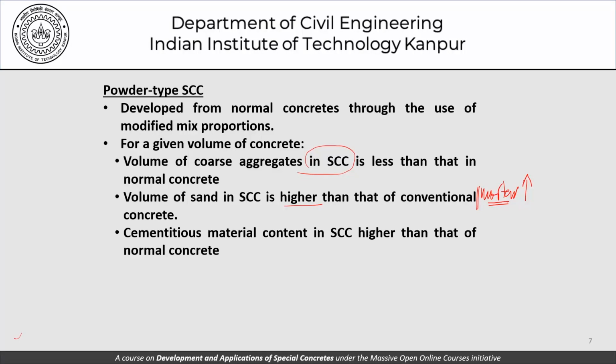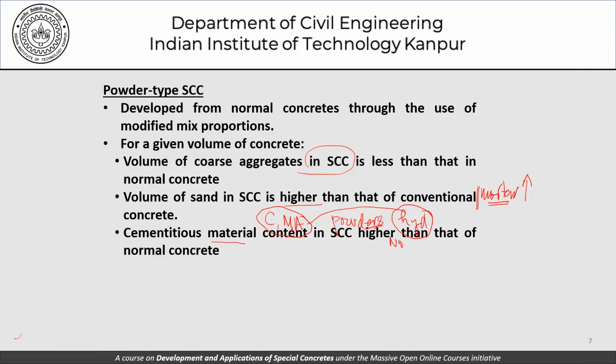Cementitious material content is also higher than in normal concrete. When we talk of cementitious material, we are talking of cement and mineral admixtures. But please remember that apart from mineral admixtures, we also sometimes use other powders which do not necessarily take part in the hydration reaction. So if they take part in hydration reaction, they become part of the mineral admixture.